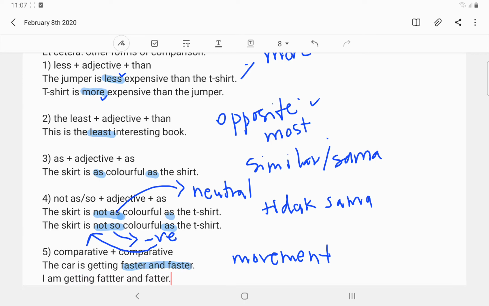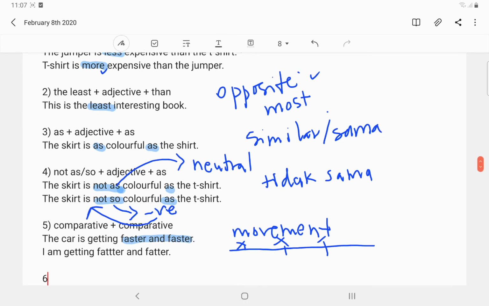So maksudnya dia ada movement. Dia ada continuum yang you bergerak. You ni gemuk, lepas tu lagi gemuk, lagi gemuk. So you getting fatter and fatter. Macam tu. So that is comparative and comparative. Okay.